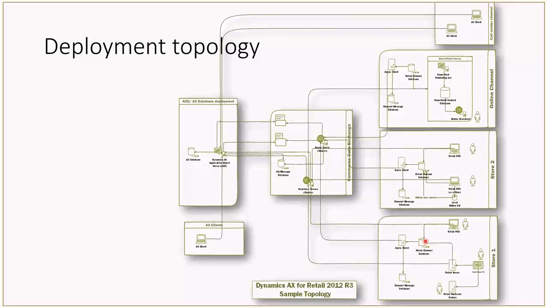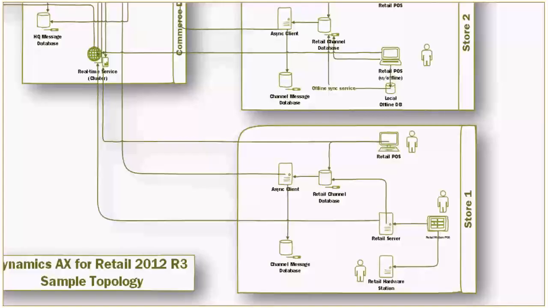The next component I'd like to talk about here is the retail server and the modern POS. Let me zoom in for a second so you can see clearly what we have here. So retail server is one of the newer components that we've introduced in the R3 release. And again, there will be specific webcasts that describe the functionality and the topology and the layout of this component in more detail.